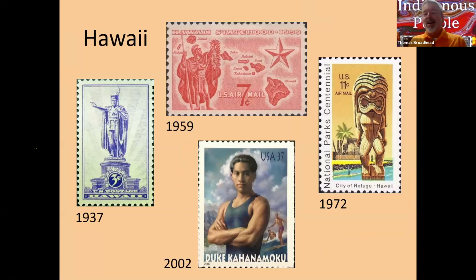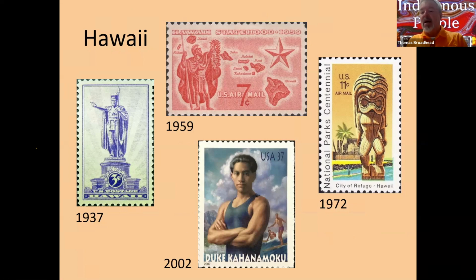So if we're going to talk about indigenous peoples in the U.S., we have to include Hawaii, with stamps showing King Kamehameha in 1937, Hawaiian territorial recognition, 1959 statehood, and then the National Parks Centennial Celebration 1972.